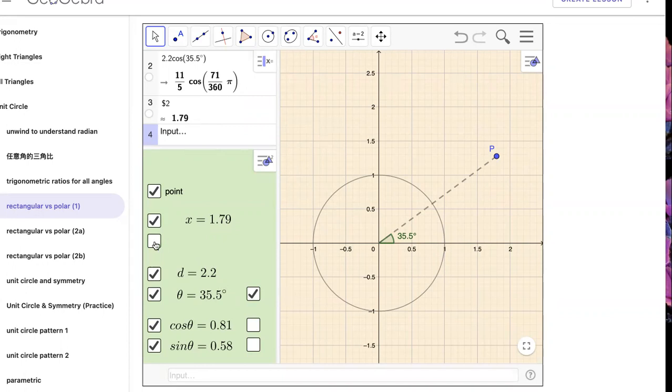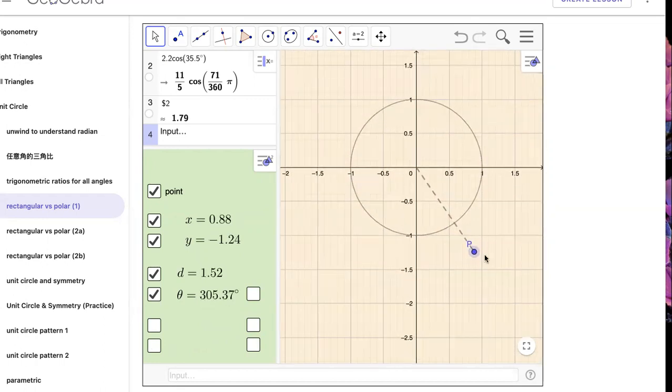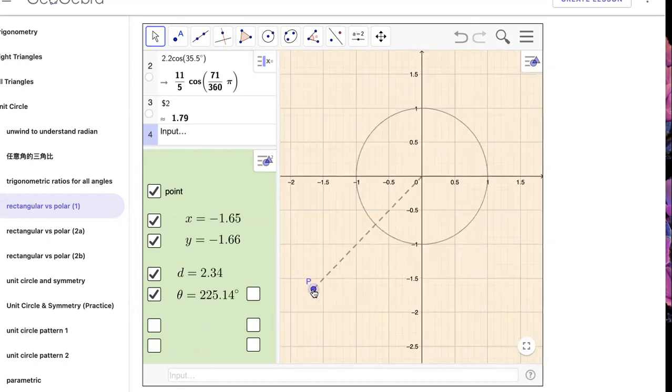All right. Or you can also use it in this way. Maybe now you can hide the value, or you can hide the mark here, and then you can hide the angle. And then you can ask the student to guess whether the sine ratio is positive or negative. So I hide this part now, okay? Because usually at the beginning, the student may not be so used to thinking about the sign of the cosine and sine value.